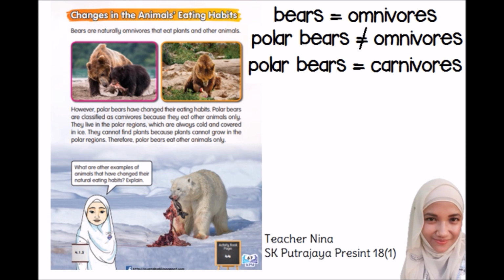Question: what are other examples of animals that have changed their natural eating habits? Explain. Well, this topic is very interesting because previously we have learned about the dentition of the animals, how carnivores have really sharp canines, and their canines are longer and sharper than us humans.